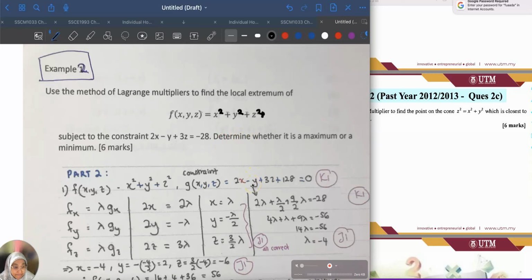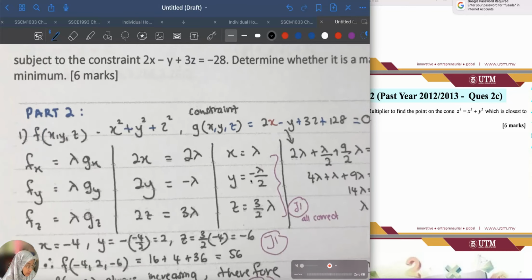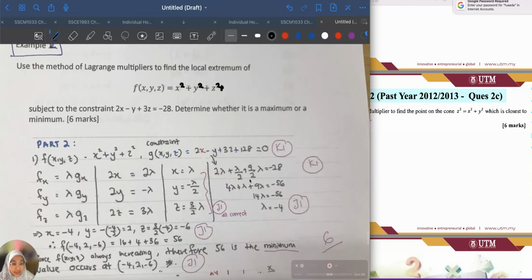Okay, so for this particular example, it is very clearly seen that f, the function, is given as x squared plus y squared plus z squared, and the constraint is given by this one, and we just take the function on the left side. So you have 2x minus y plus 3z.